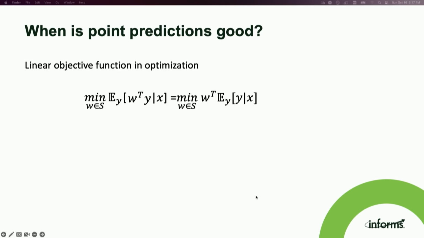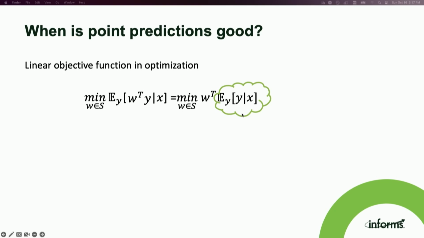So in what case, what type of optimization problem do we only need a point prediction? It is when the optimization problem has a linear objective. If the objective function is linear, then taking expectation of the inner product of the decision with the random parameter is equivalent to taking the inner product of the decision and the conditional expectation.